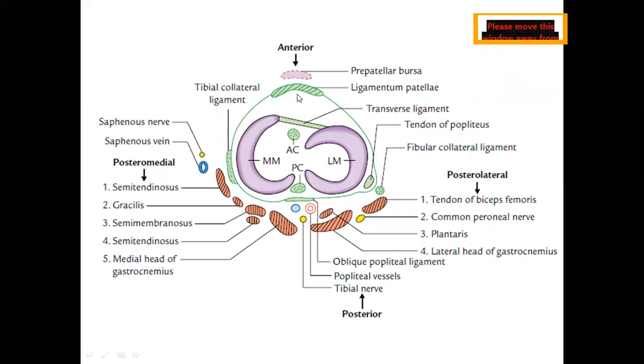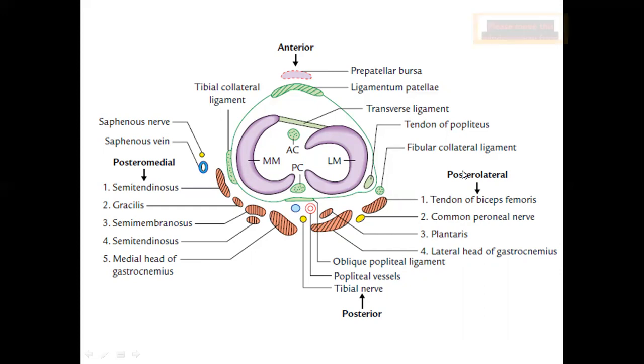Anteriorly, we find the ligamentum patellae, prepatellar bursa, and transverse ligament. Posteriorly, you find the tibial nerve, popliteal vessels, oblique popliteal ligament, the medial and lateral heads of gastrocnemius, the plantaris, and the tendon of biceps femoris.